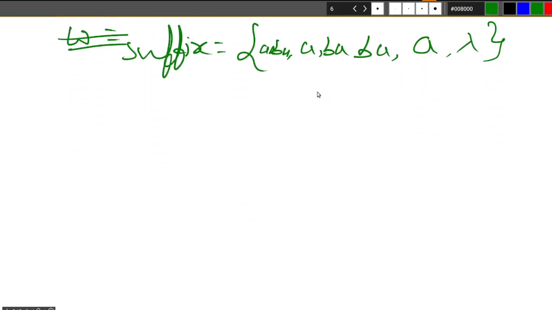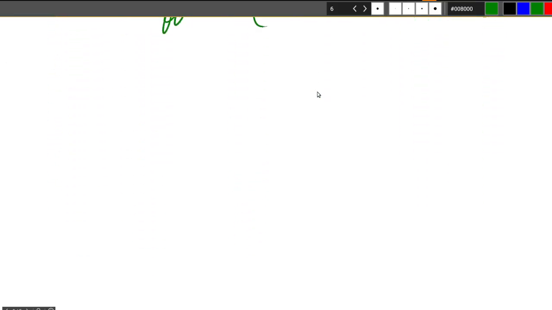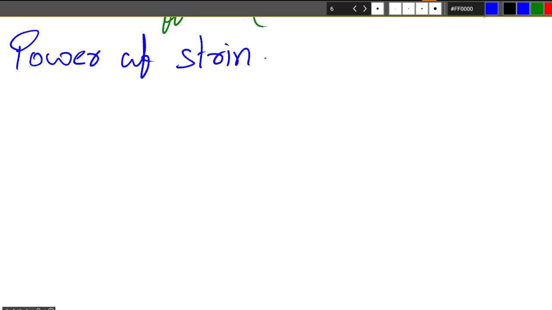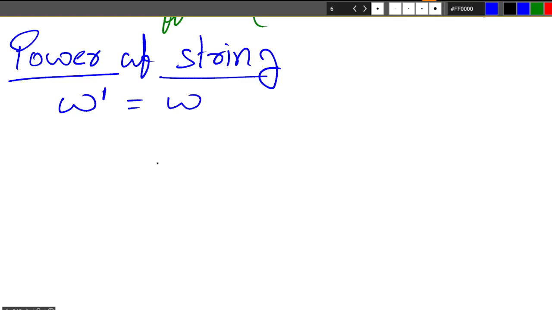You have already known about concatenation. Let me tell you about power of a string. There is a string w and power is 1, so it is the same thing, w, right?